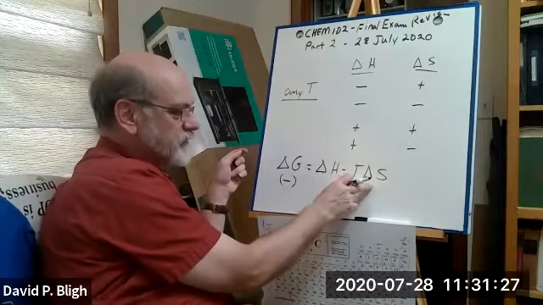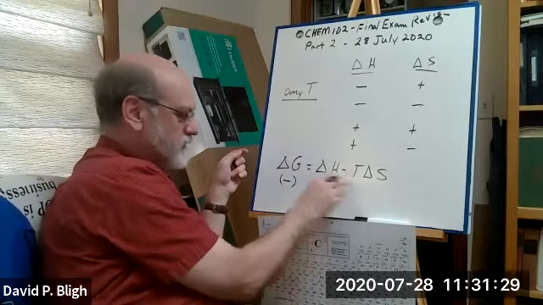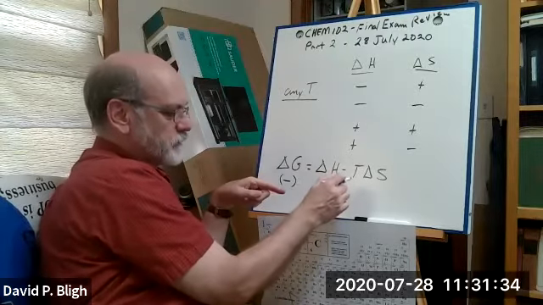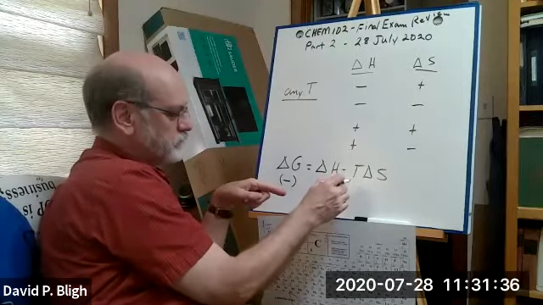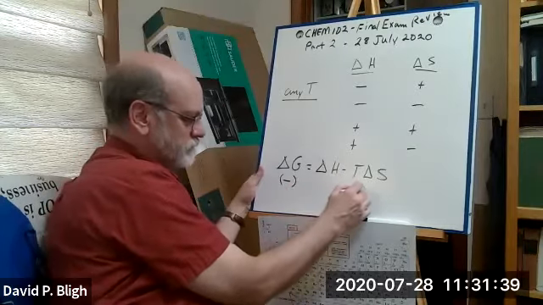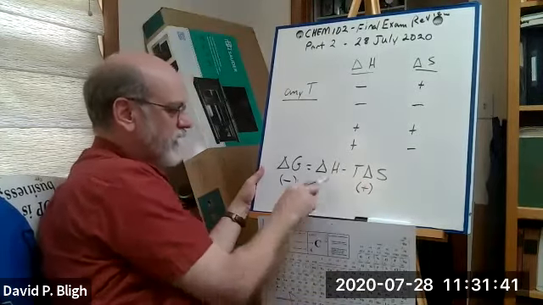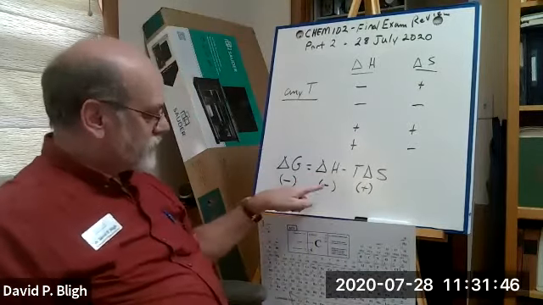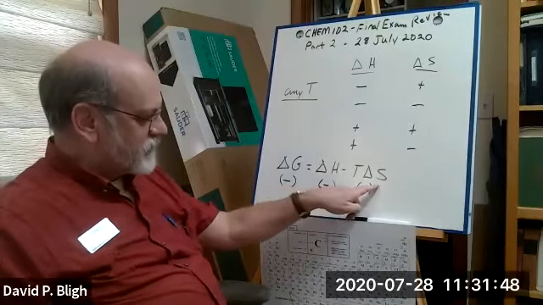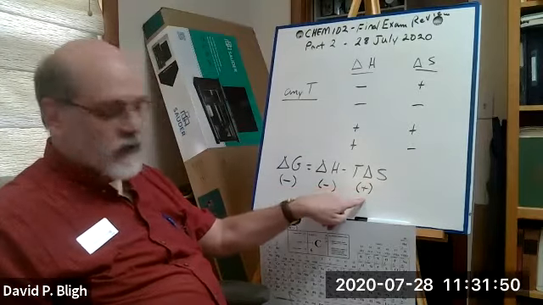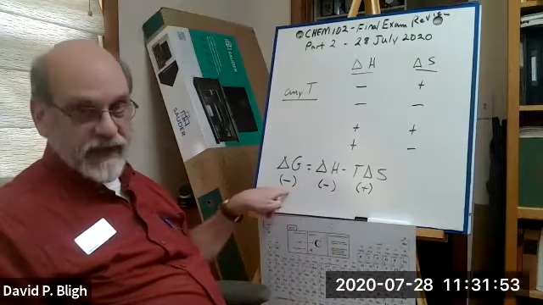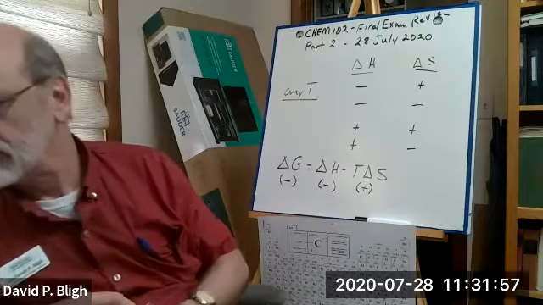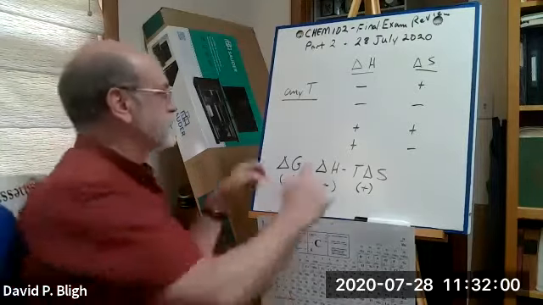So to keep this negative, delta S would have to be positive, and delta H would have to be negative. If this is negative and that's positive, then you've got two negatives, always negative. Okay? That means this one.